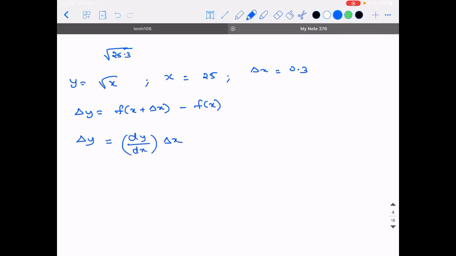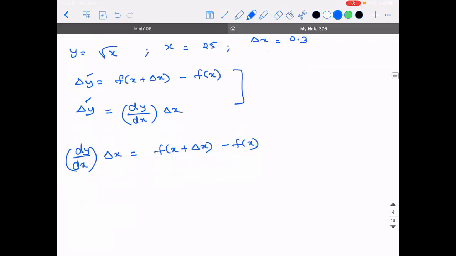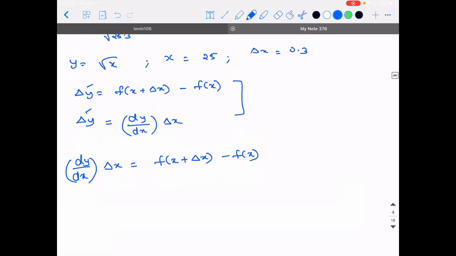Correct? So there are two formulas for delta y. Since the left hand sides are equal, equate the right hand side. So you can write dy by dx into delta x is equal to f of x plus delta x minus f of x.